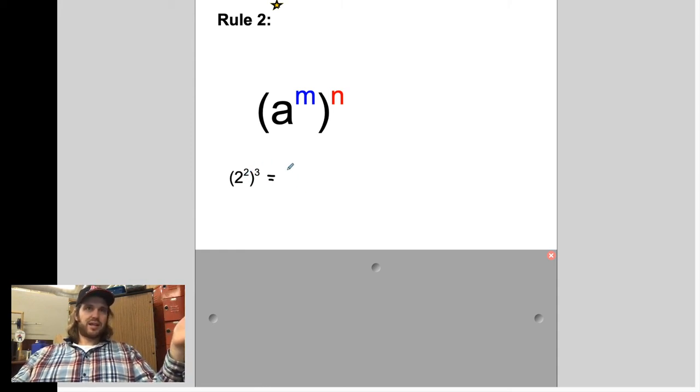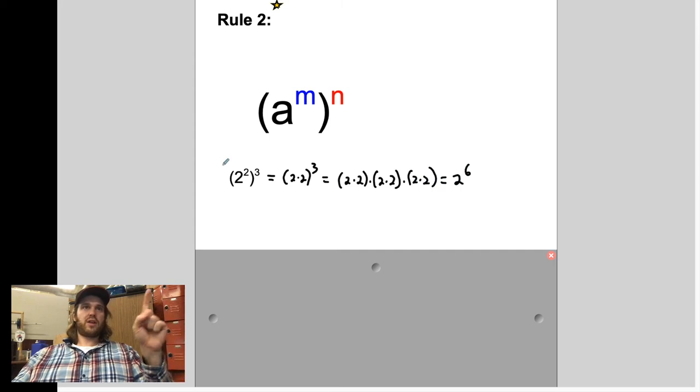Well, 2 to the 2nd, that's 2 2's in a product, and that's being raised to the 3rd power. So what this really is, is 2 times 2 times 2 times 2 times 2 times 2. So how many 2's is that? It's 2 to the 6th. Oh, look at this.